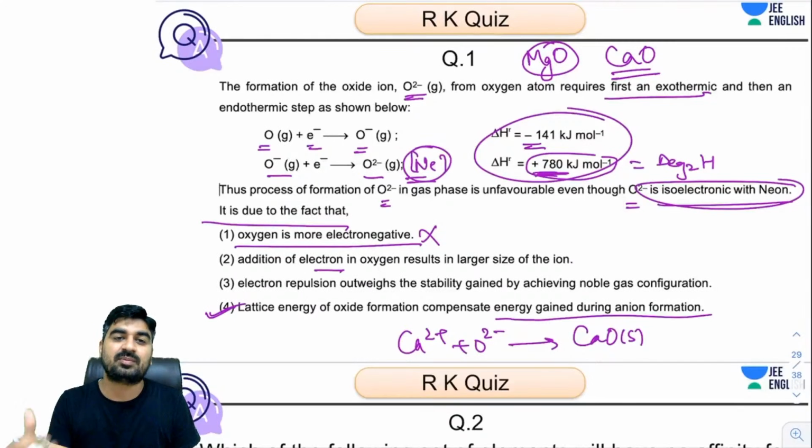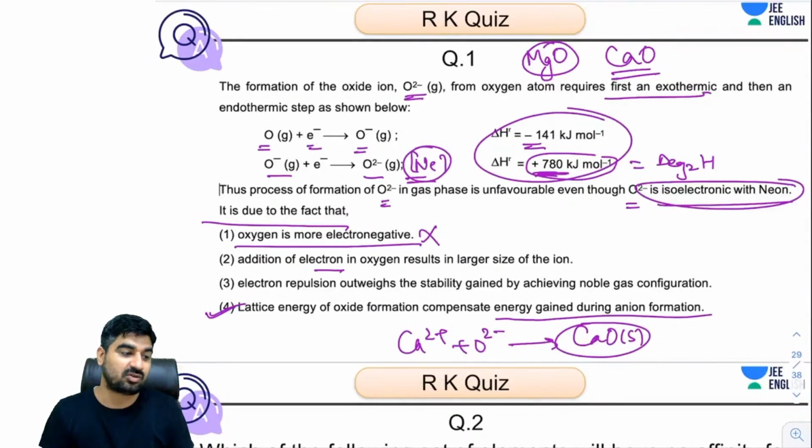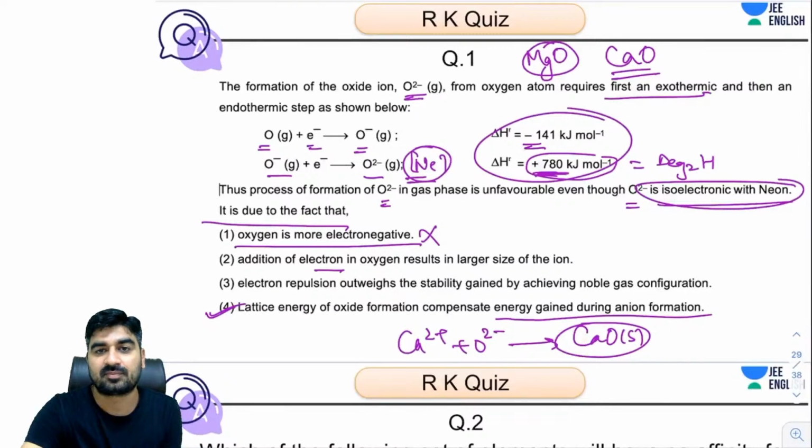So net energy will be released, and due to this formation of lattice and lattice energy, these oxides are formed. Ideally, oxides should not have been formed. So electron repulsion outweighs the stability gained by... Yes, tell me. Actually, this could have been the answer.